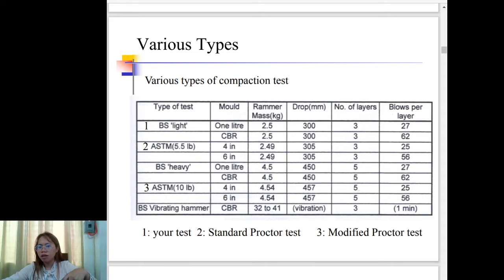And the drop, from the mold to the hammer, each drop, and the number of layers. So meaning after each layer, we have the blows per layer.